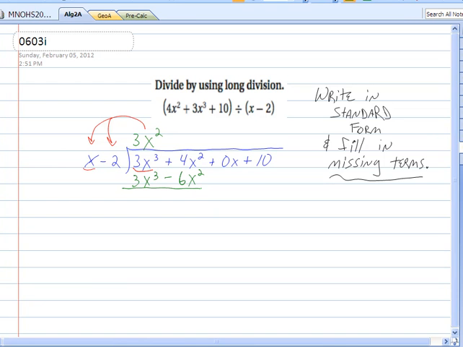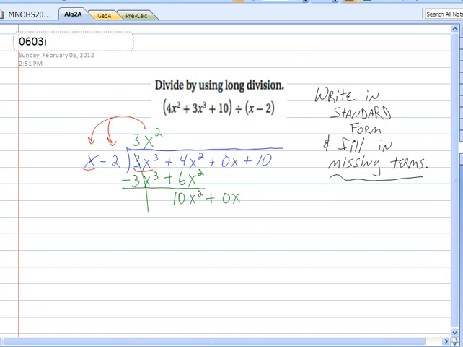And then I'm going to draw my line, and then just like in long division with numbers, you need to subtract. In this case, we're going to run the minus sign through, which changes the signs of everything. What happens is my first terms cross out, which is what I want, and then I add the next two. 6 plus 4 is 10x squared plus 0x, bring down that next term.